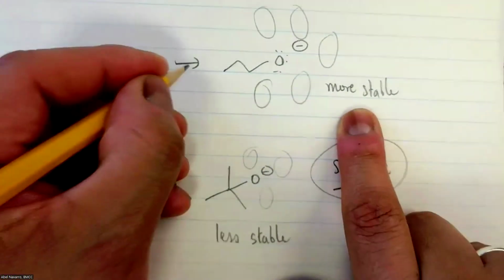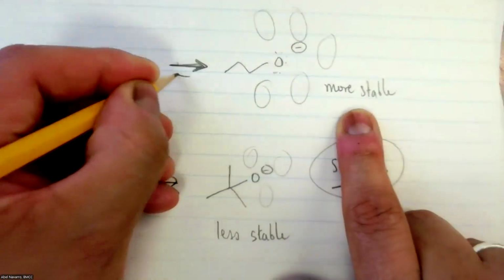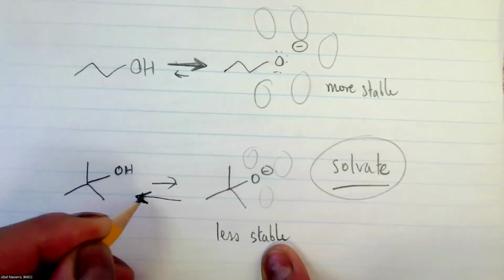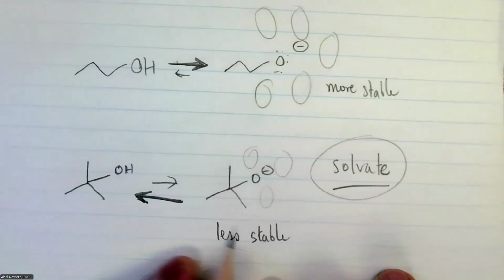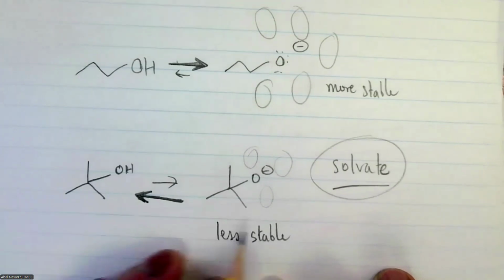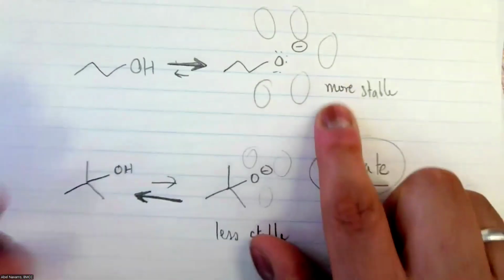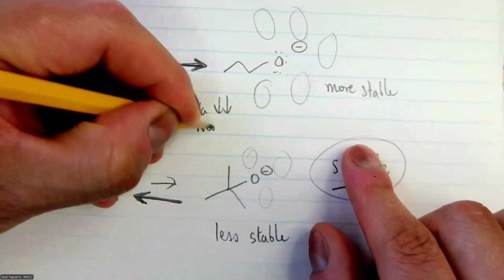Well, if it's more stable, the equilibrium will be shifted to this side, less to this side. This one is less stable, that means that the opposite will be favored. Remember, this is more stable than this, so the reaction will run away from that less stable form. So if it's more stable this way, the pKa will decrease, making it more acidic.